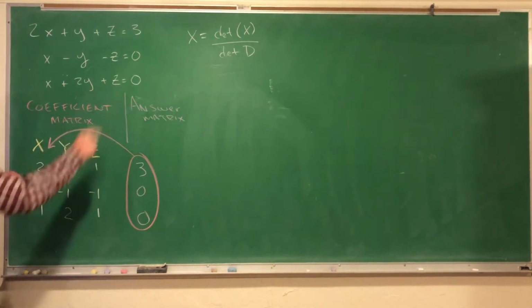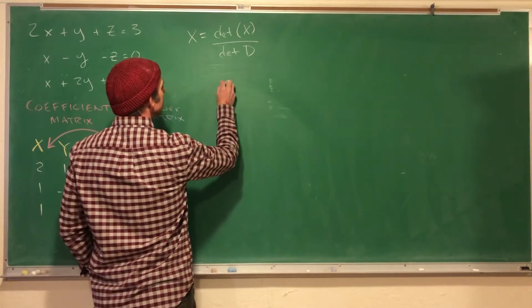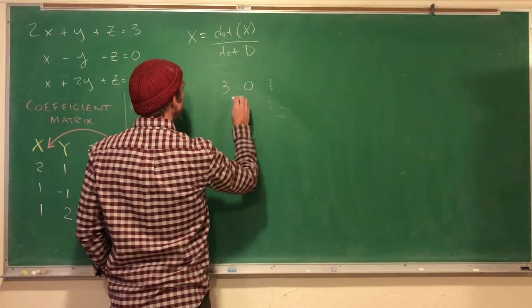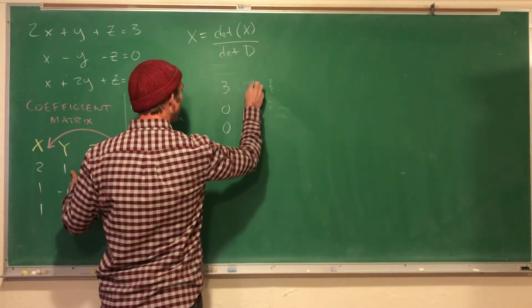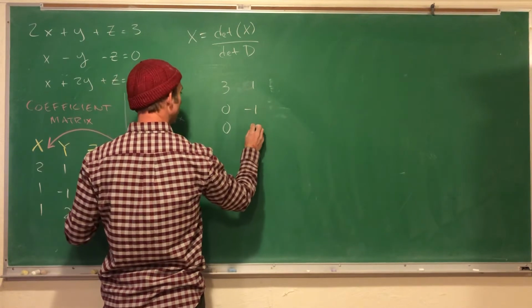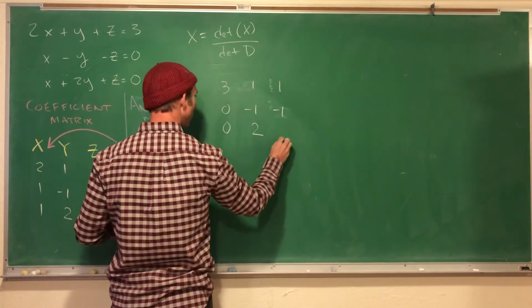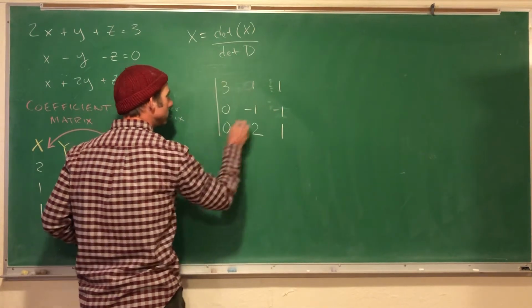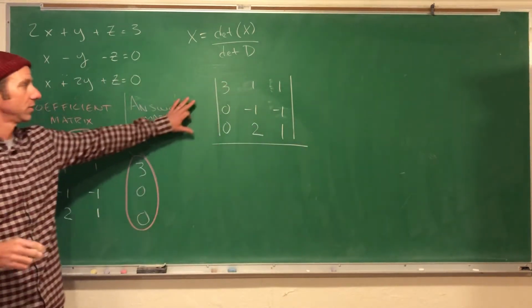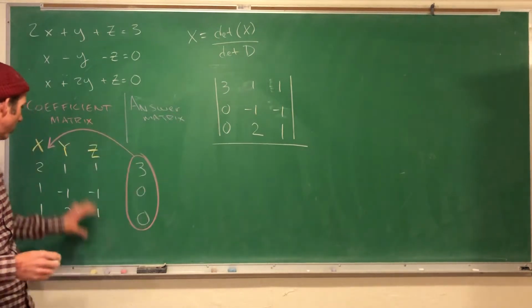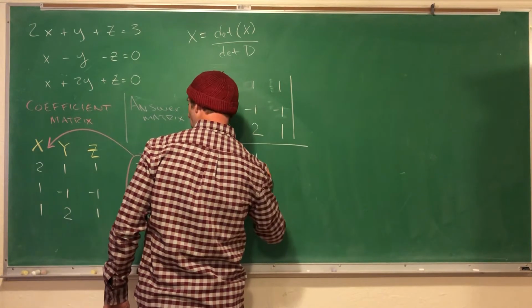Let's go ahead and put that up there. So it's going to be 3, 0, 0, 1, that is going to be divided by the coefficient matrix. 2, 1, 1.